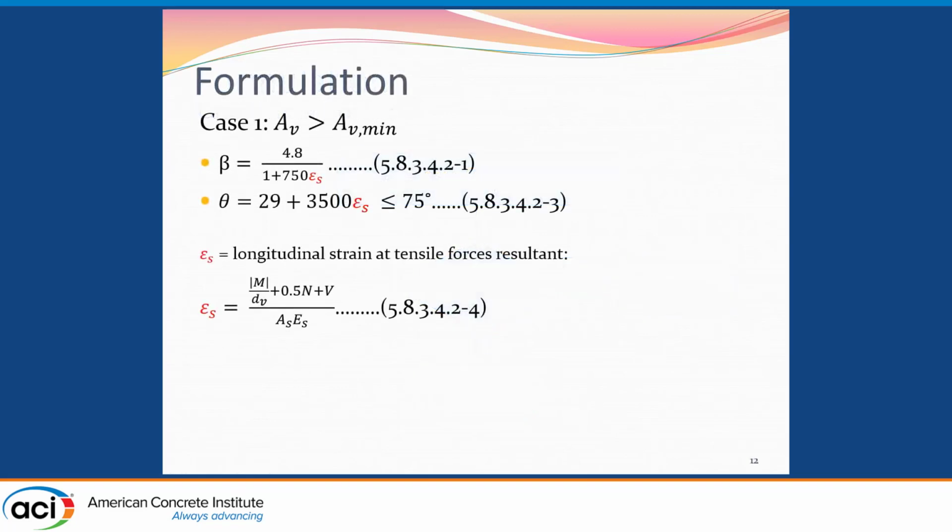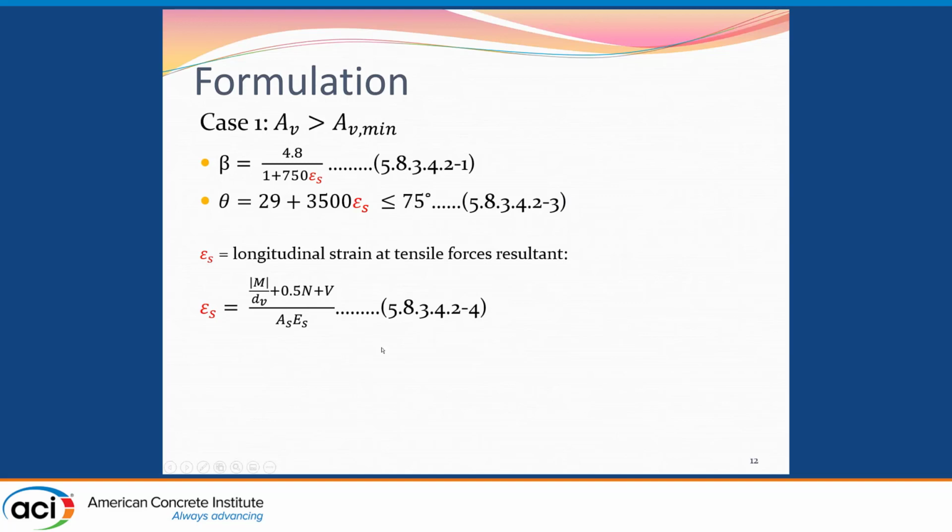And then going back to the beta and theta. The beta is the key factor in calculating the Vc, and theta is the key component in the Vs equation. Both of them are functions of epsilon s. Epsilon s is the longitudinal strain at the tensile forces location. We have beta coming from 4.8 divided by 1 plus 750 epsilon s, and we have theta as 29 degrees plus 3500 epsilon s, with a limit of 75.